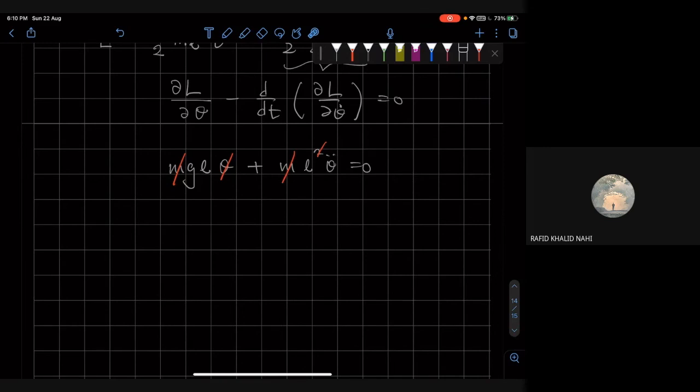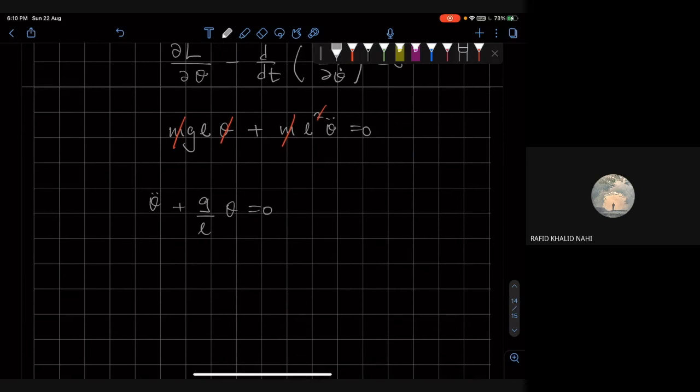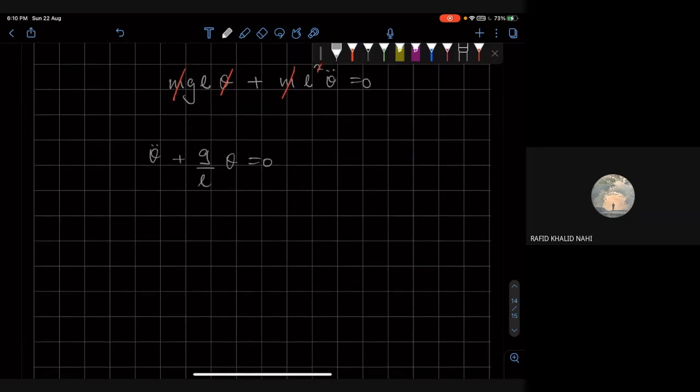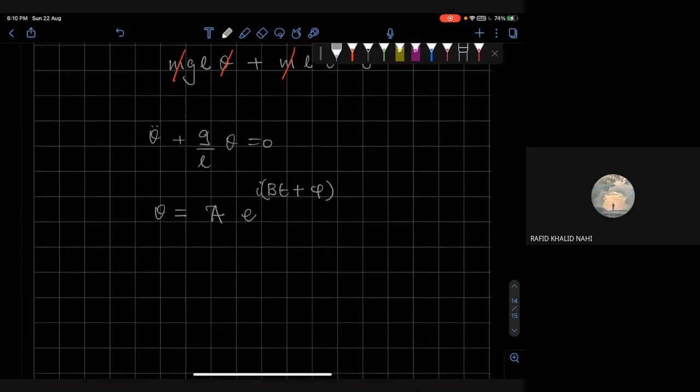All right, so our differential equation then becomes theta double dot plus g by L theta is 0. And we can look for a solution to this. The solution is theta equals some constant a times exponential of i b t plus phi.